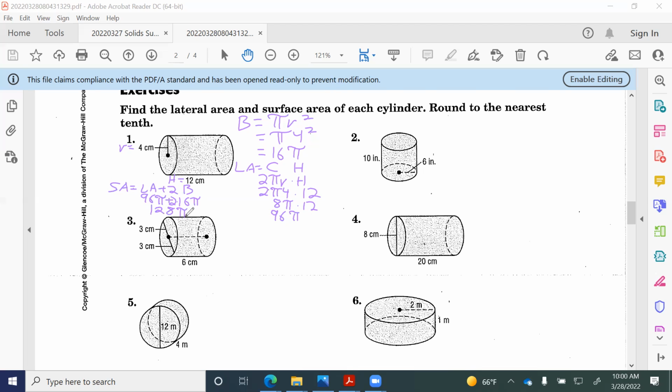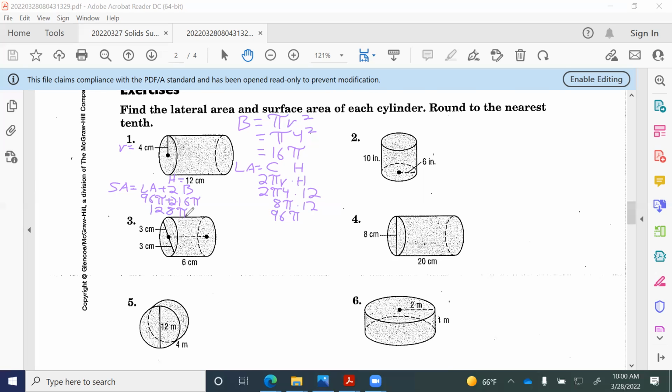Because if I had decimals all the way throughout this to the very end, there's a chance I'm going to make a mistake with either typing it into my calculator or rounding it wrong. And then I'll have the wrong answer at the end of the problem. So I highly recommend leaving it as exact values until the end. And then for the final answer, you need to change it to decimals. But I'm going to go ahead and leave it like this for right now.